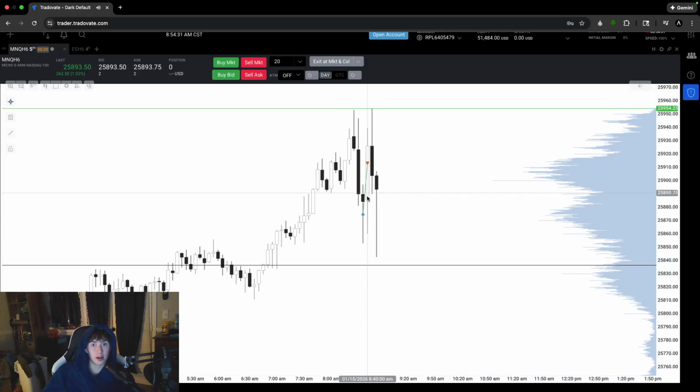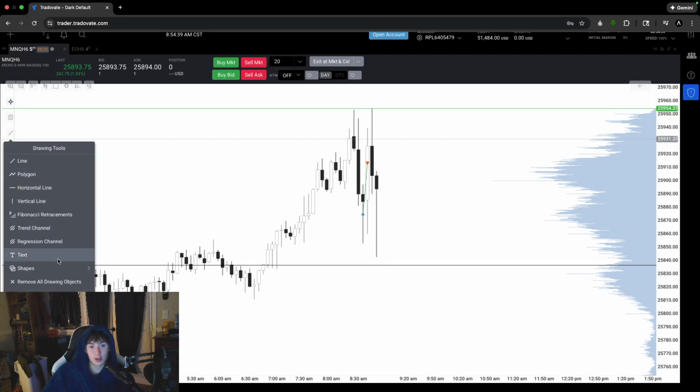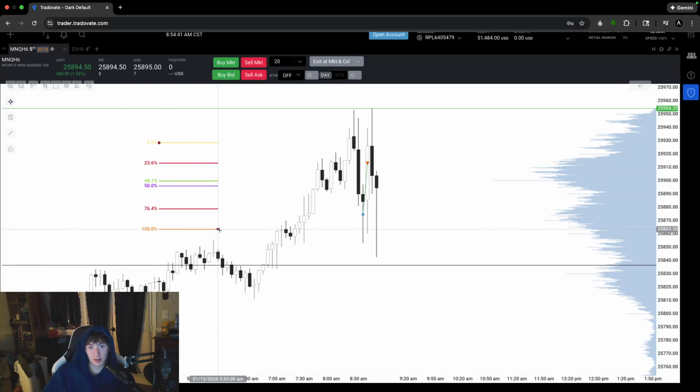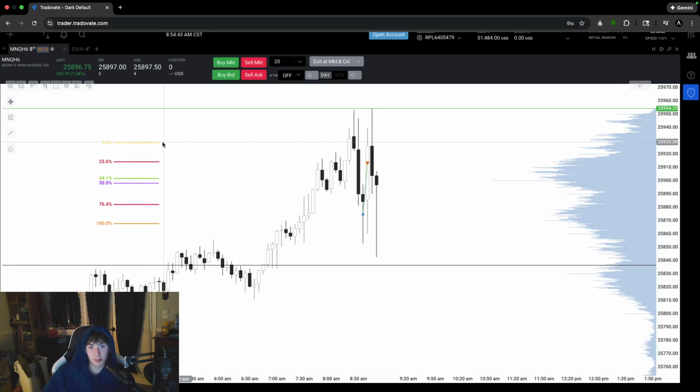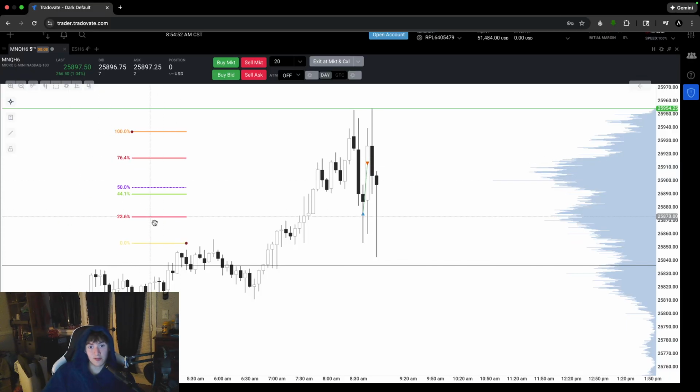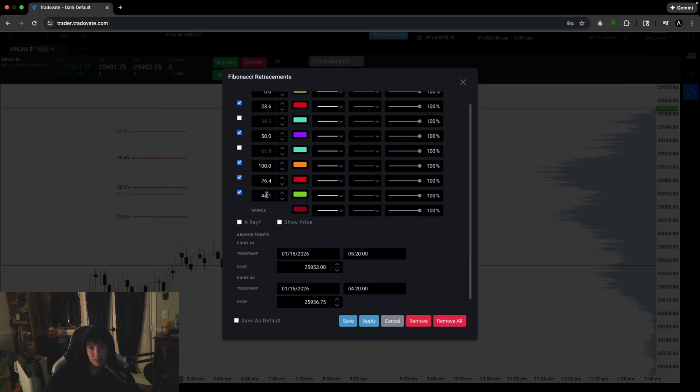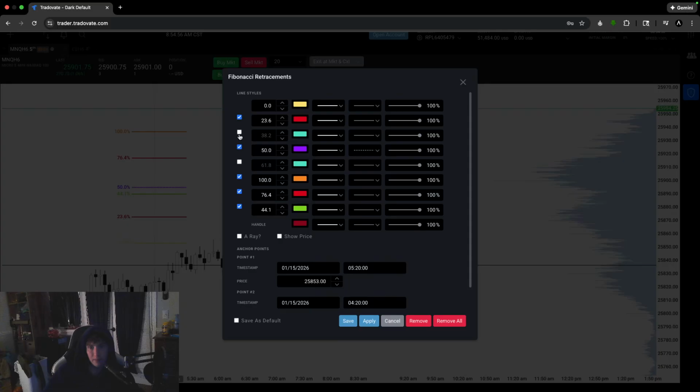Actually, we didn't take it to the high. We took it to my special level, which is not marked out here on the fib level. I notice that price always, if it retraces, goes about right there. But this fib tool only has a couple options. Well, I'm not even using all the options. Hold up.